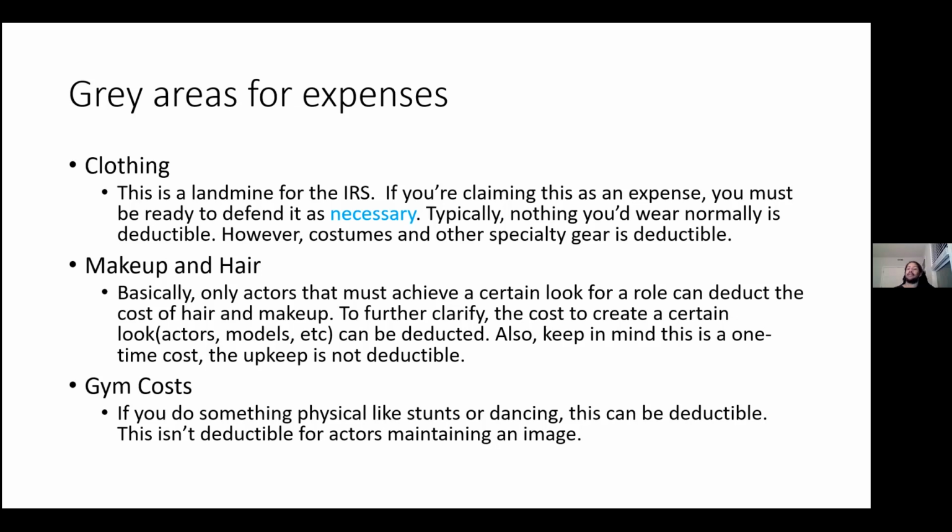And then gym costs is another one that I get a lot. They say, oh, I need to be fit to look good on stage or screen. Generally, it's if you're doing something that requires your fitness. A dancer needs to stay fit to dance, whereas an actor doesn't really need to stay fit to act.